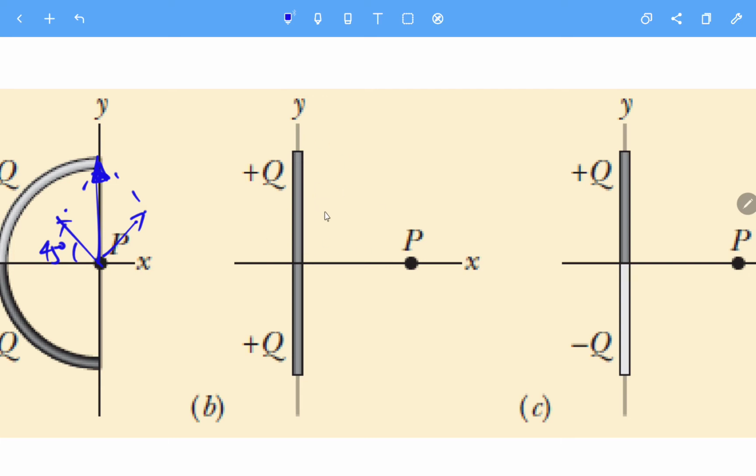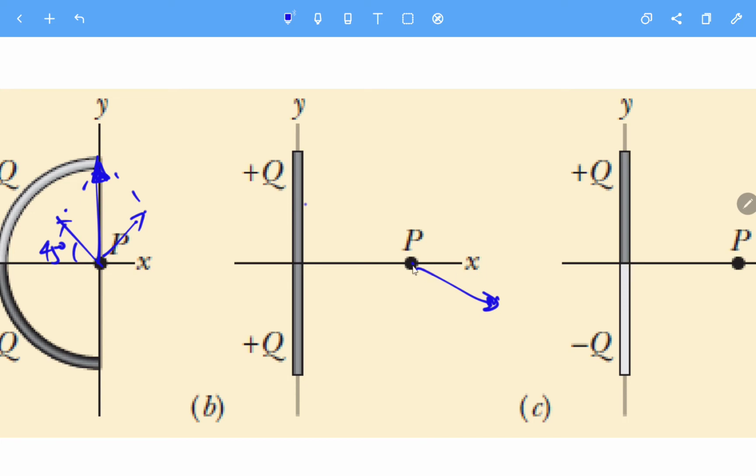For this one, the upper part should point there. I don't actually know the angle, because it relates to the height and the distance, but it should point to the bottom right, because this is a positive charge.